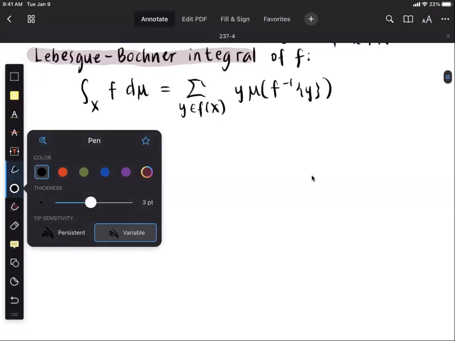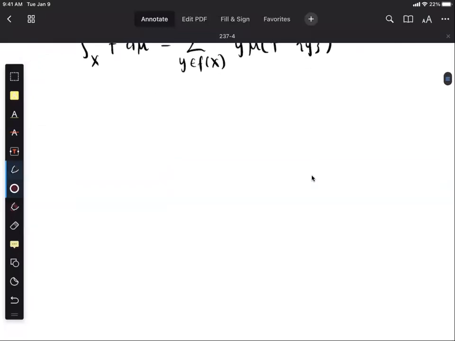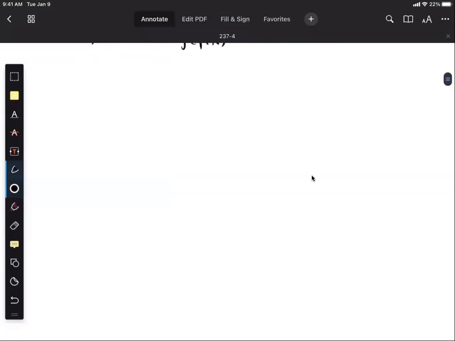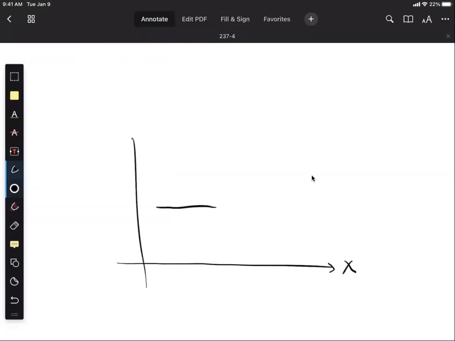So ideally, let's take the following simple function as an illustration. Suppose this is X, and you have, let's say, a height that is either 1 or 2, and everything else is 0.